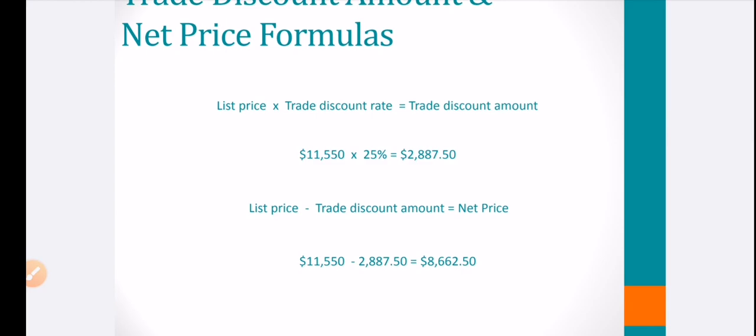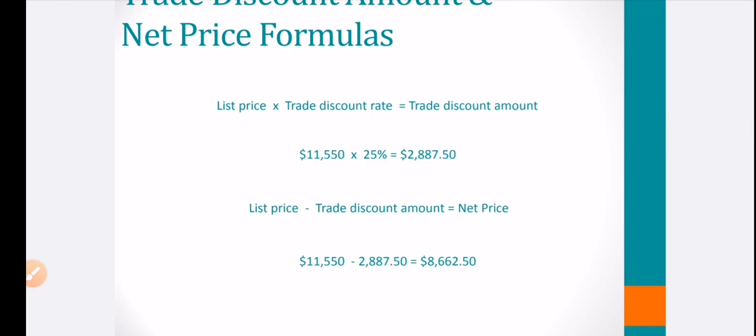As shown in this example, suppose that the list price is 11,550 US dollars and the discount rate is 25%. Then the trade discount amount will be 2,887.5.